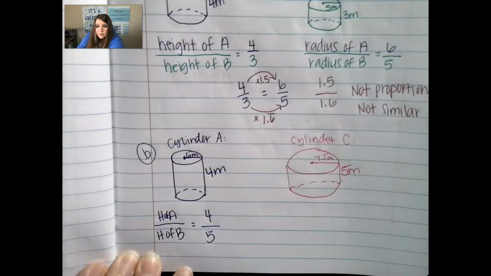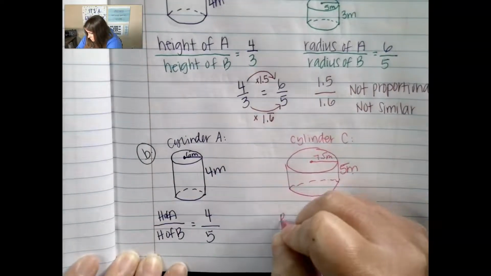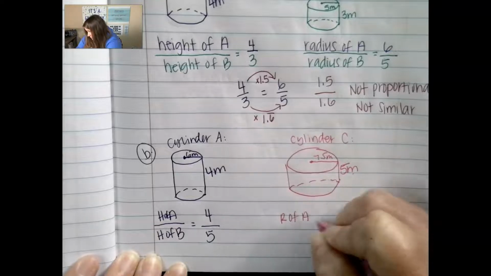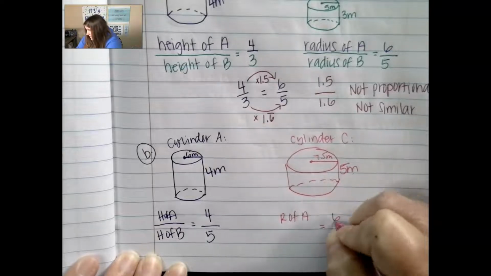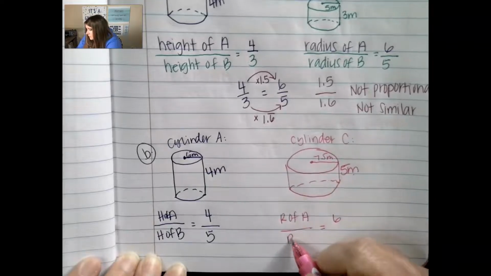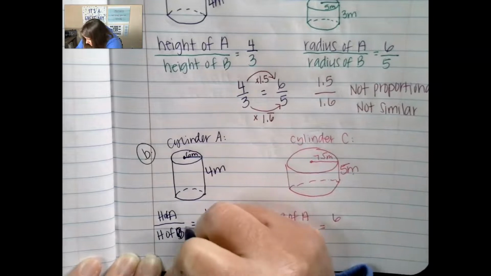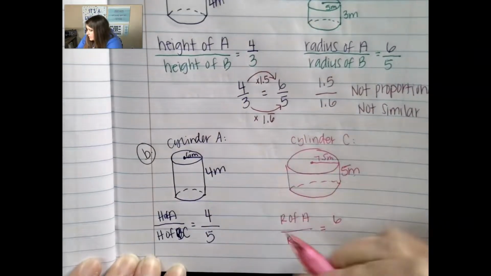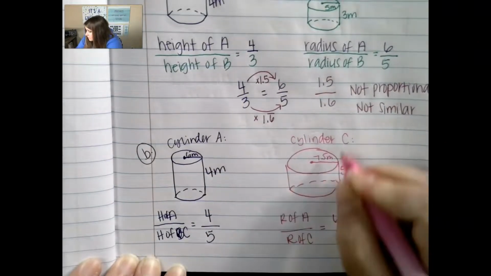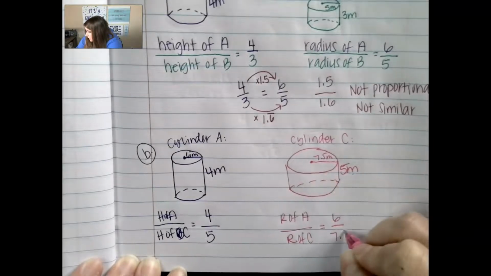Now we're going to check out the radius. So the radius of A is equal to 6. And the radius of C, oh, why do I keep putting B? This should be a C. Sorry. And the radius of C, example C, is 7.5.